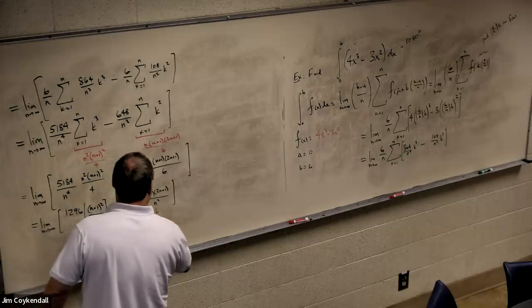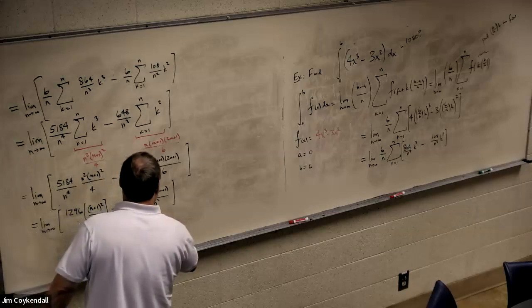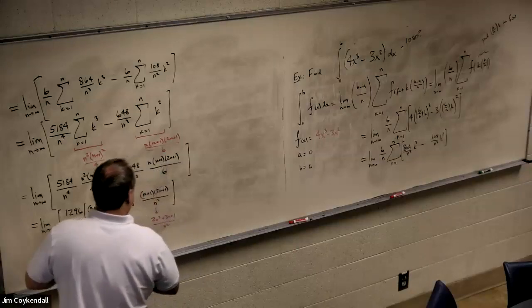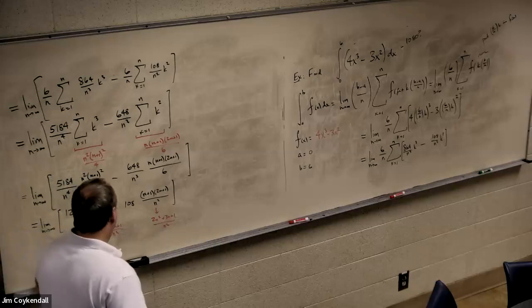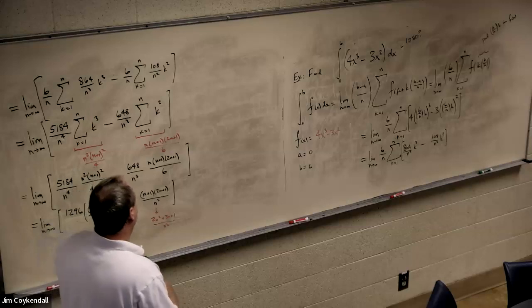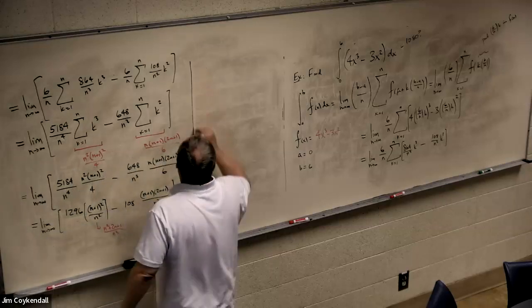And this bit right here is 2n squared plus 3n plus 1 over n squared. And all I did is multiply on the top here, and multiply.